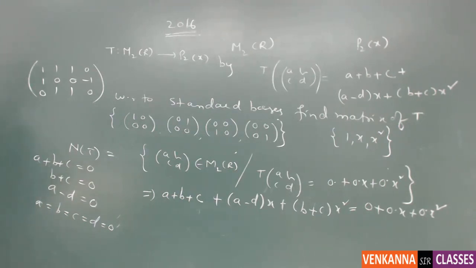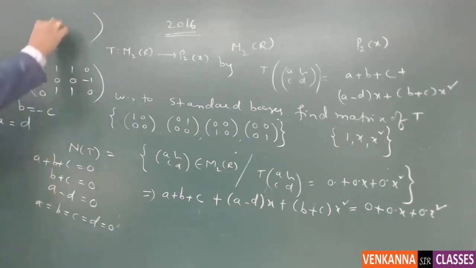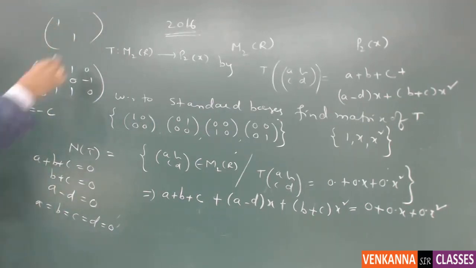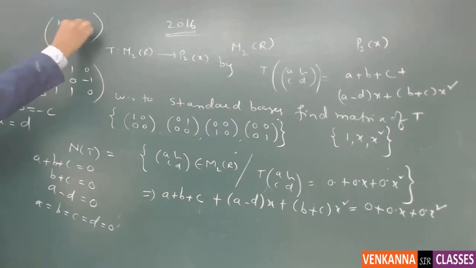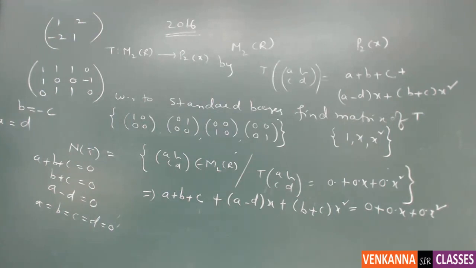So if you take B is equal to minus C, from this A is equal to D also, right? So that's why you can take the part as... is this acceptable to say that you are getting zero thing?